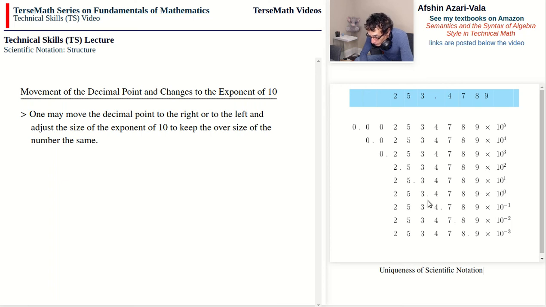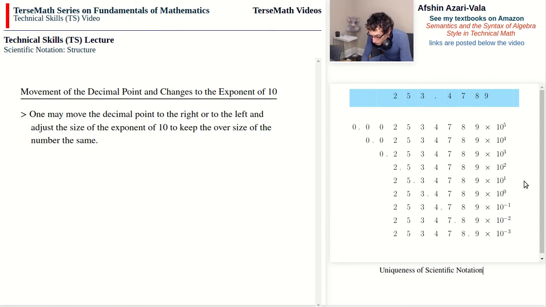You notice that moving back over 2 digits implies the number becomes 100 times smaller, so the exponent goes up by 2 to make it 100 times larger, and the two of them cancel out. And of course, if the decimal point moves forward over 2 digits, it makes the number 100 times larger. Then the exponent comes down by 2 to compensate for that increase.